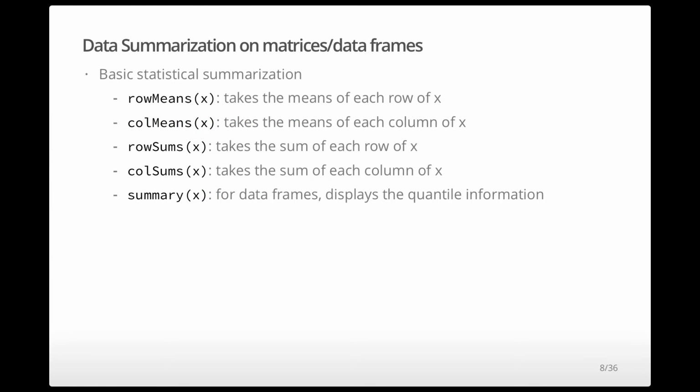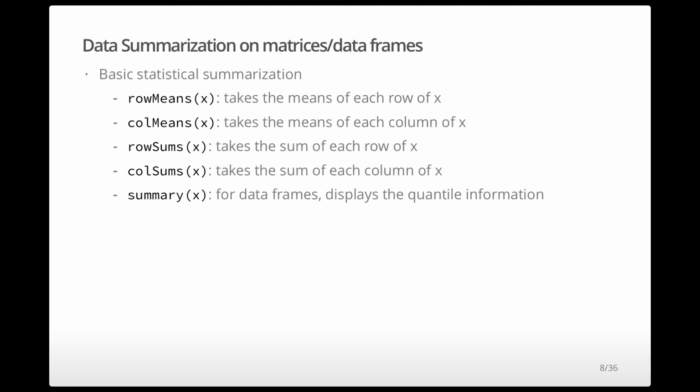So there are other operators that will do things specifically on rows or columns. So row means takes the mean over the rows. Column means, mean over the columns. Row sums, col sums will do the same thing, but sums. Summary displays quantile information, so I'll show you that in a second. These are really important because of the things we just said.